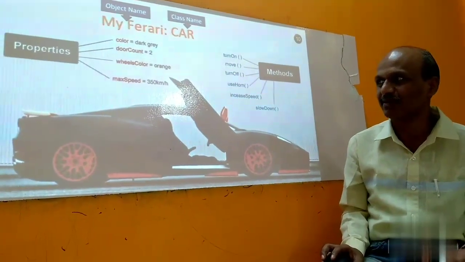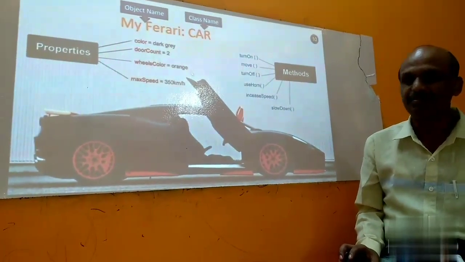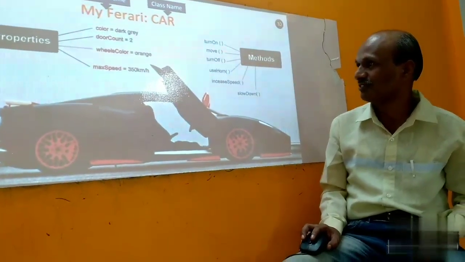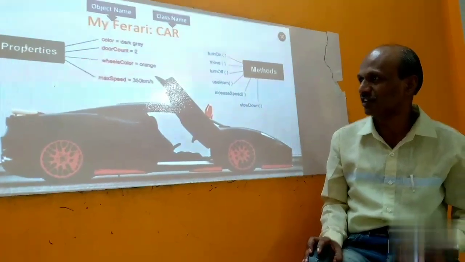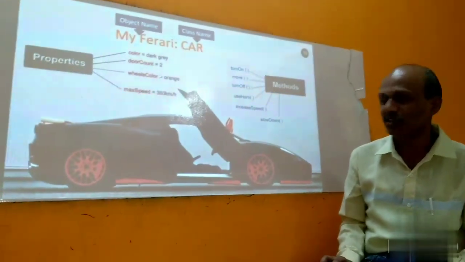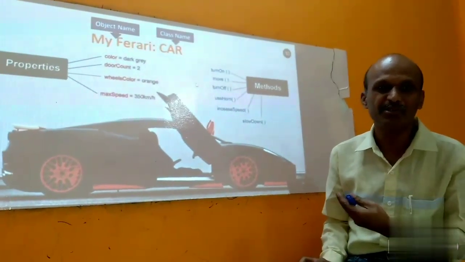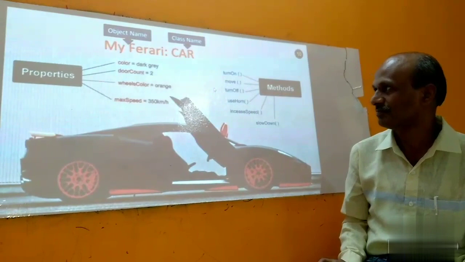So in this way we can represent the class in the computer. That is, properties get converted into attributes and behavior gets converted into methods; characteristics or attributes are also called properties. In this way we can convert the real world object car into object oriented programming.